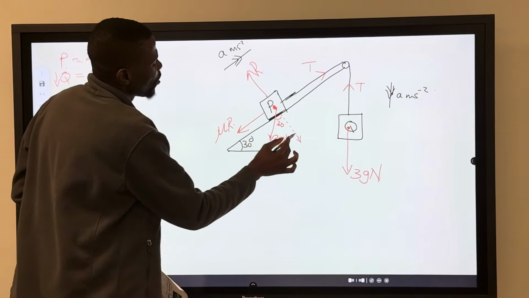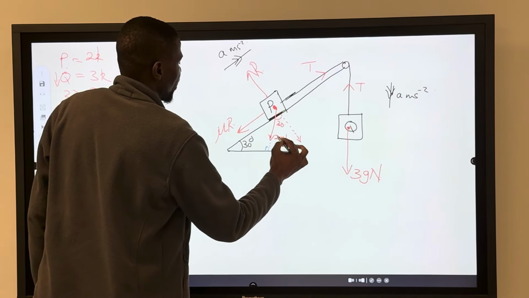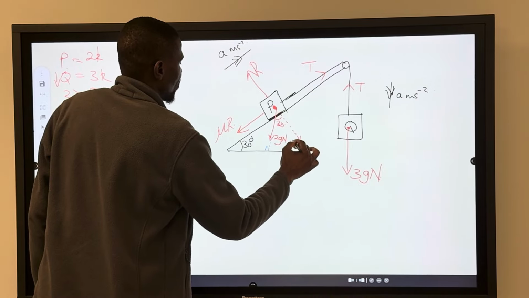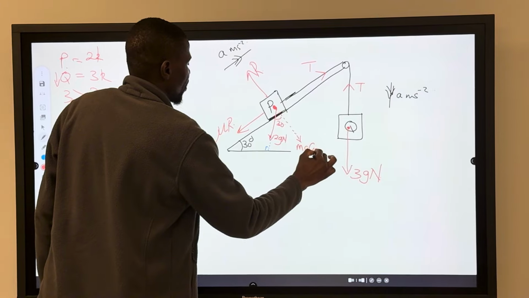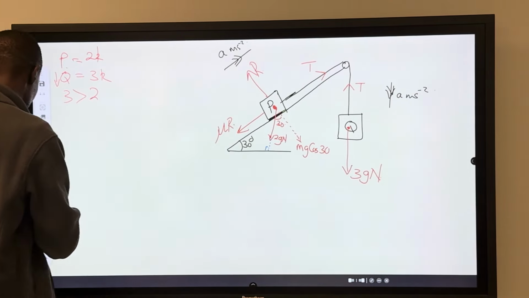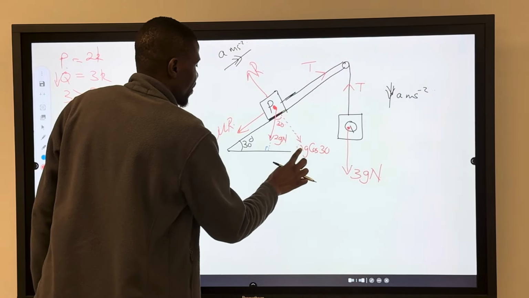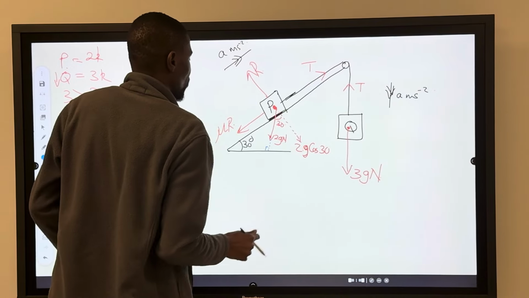Then if we resolve here, that's going to be opposite. So here it's going to be mg cos theta. Our theta is 30, but our m is 2, so it's going to be 2g cos theta.